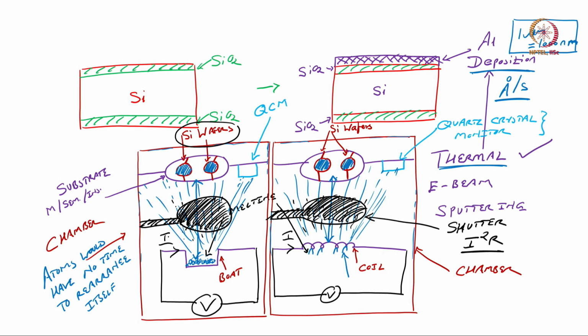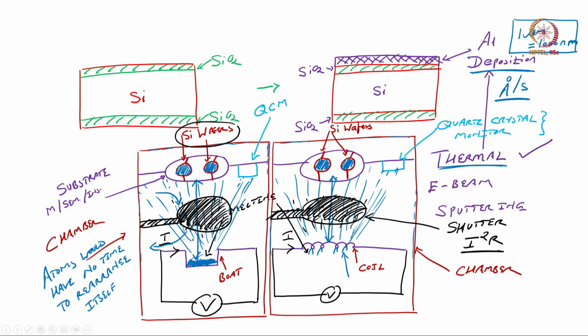We can only remove the shutter when we see that the material that we have to evaporate is completely melted, like this, the melting is done and now it is ready to evaporate. So then we can remove the shutter from the path, like this, right, so that the material will start evaporating.